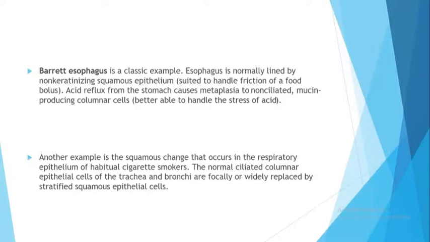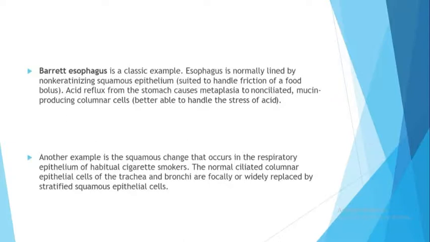Barrett esophagus is a condition we see in people with gastroesophageal reflux disease. The stomach is lined by the non-ciliated columnar mucinous epithelium because this epithelium has the ability to withstand the acidity of the stomach, and the esophagus is lined by the non-keratinizing squamous epithelium because this epithelium is suited to handle the friction of food and chemicals.